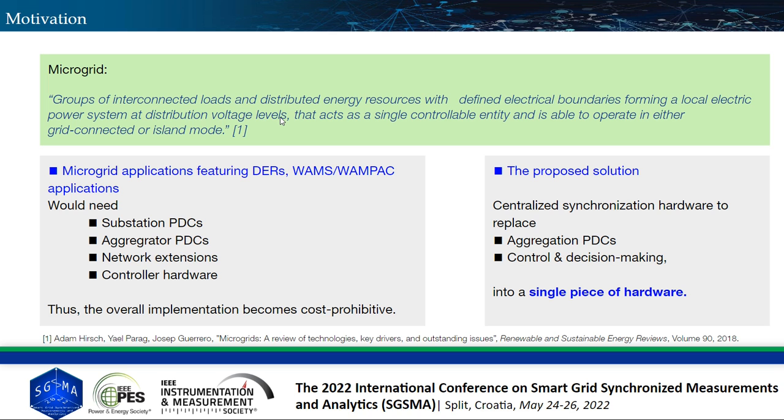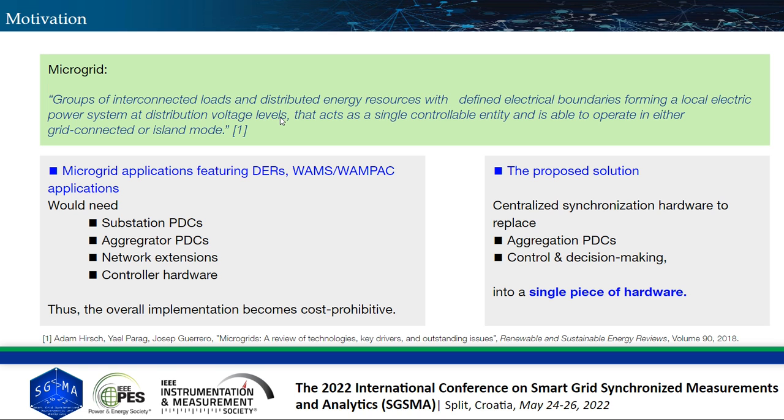Because we need this many complicated algorithms and applications in this framework, we would typically need various hardware such as substation PDCs, aggregated PDCs, local PMUs of course, network extension and controller hardware.